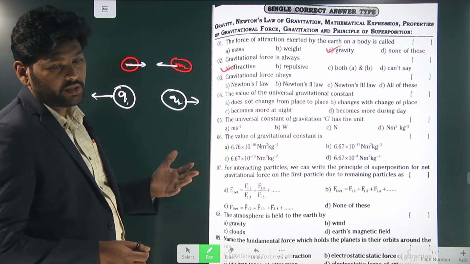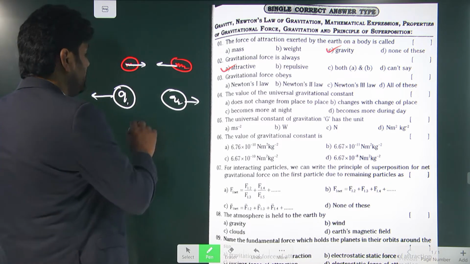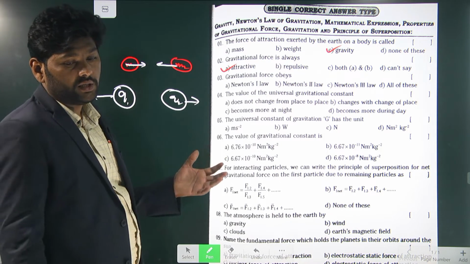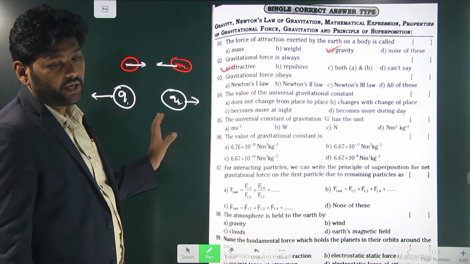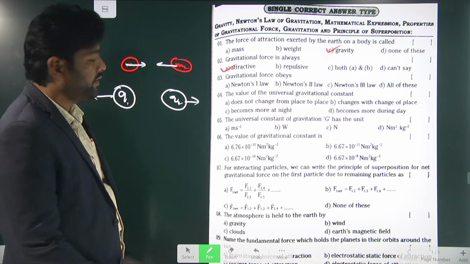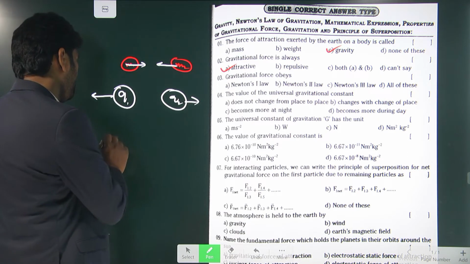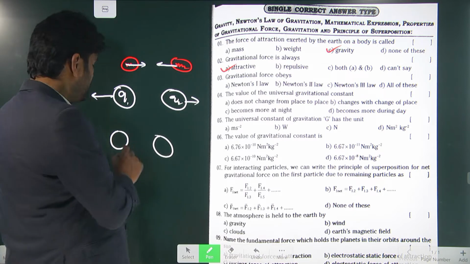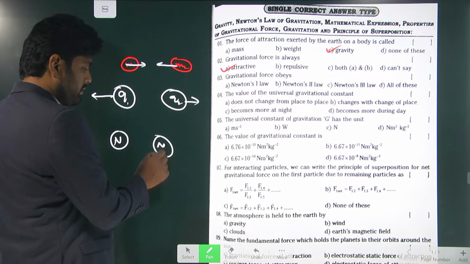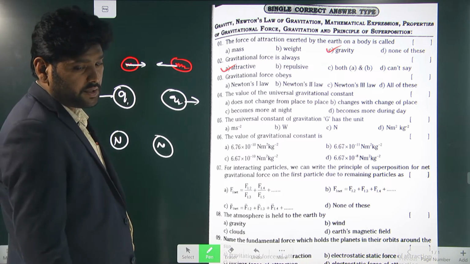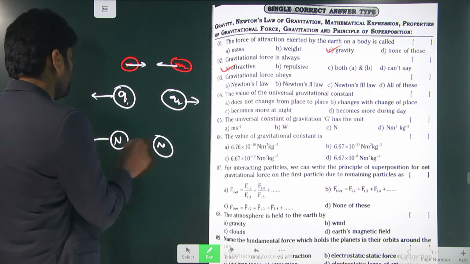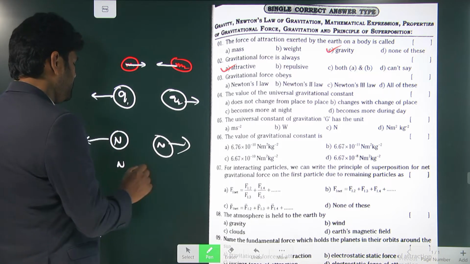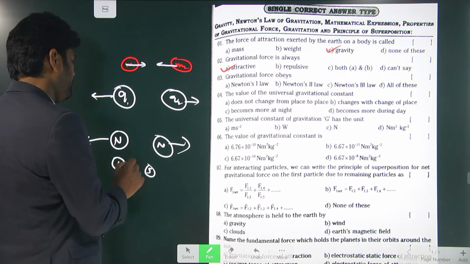If they have the same nature, repulsion exists; if they have opposite nature, attraction exists. Even with magnets, north pole and north pole, repulsion takes place.